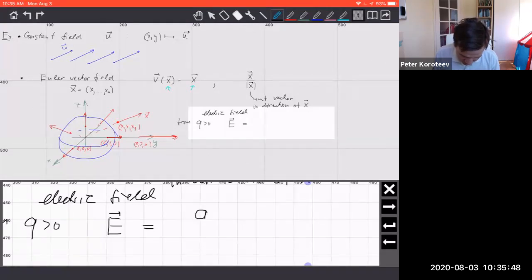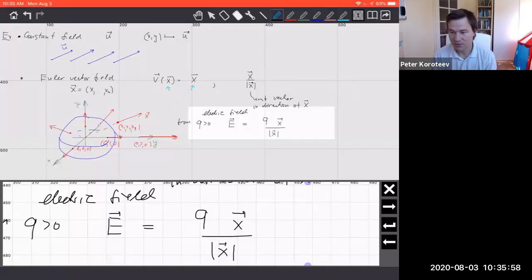So the field is equal to Q times X, right? And then divided by the absolute value of X in which power? 2, or remember, I put 3, that's right.